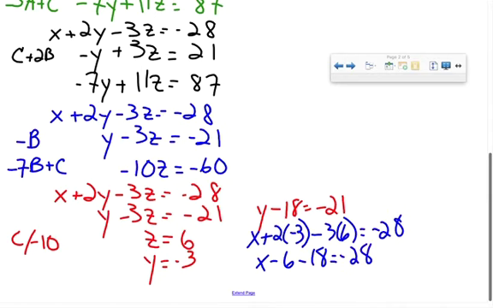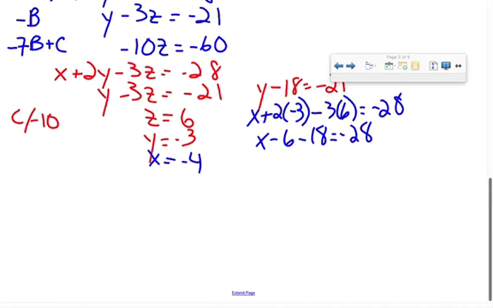So that means x is negative 4. So my solution finally is negative 4, comma, negative 3, comma, 6.